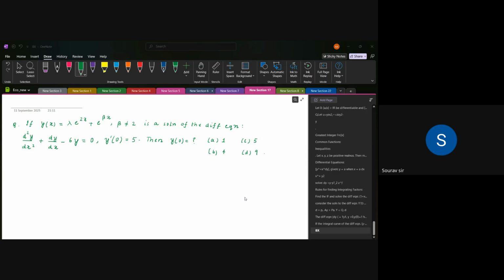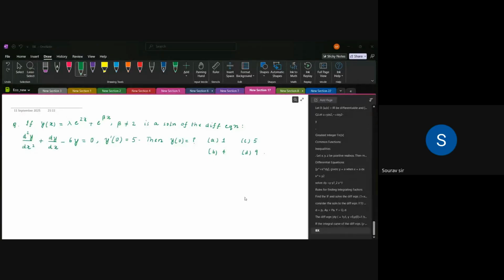So how should we start with this? Can anyone take a guess? Sir, at first we should put the value of y of x in the equation.